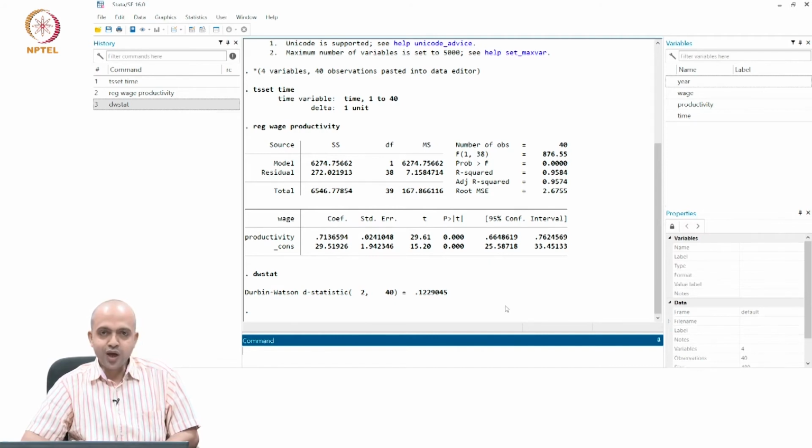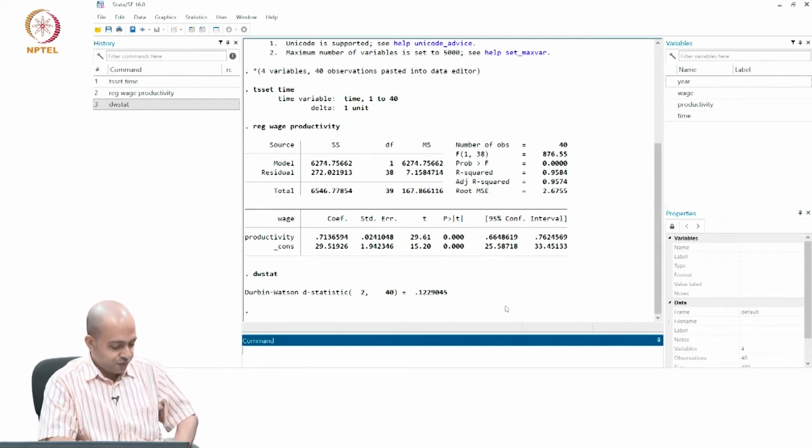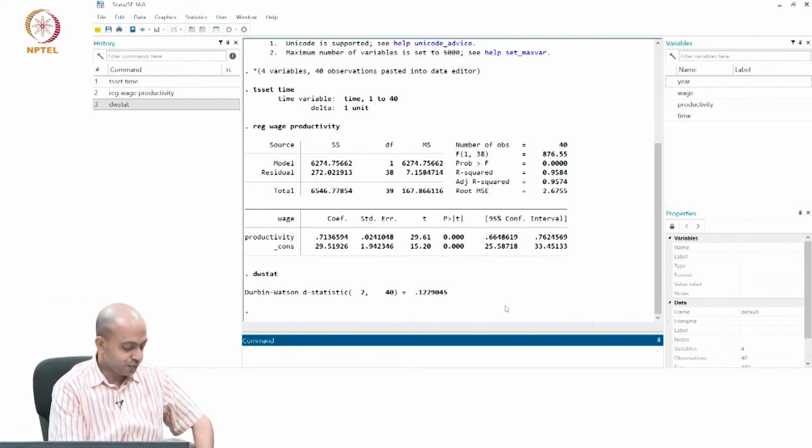Now, if you go back to the Durbin-Watson table, and if you specify n equals 40 and k equals 2, then you will see your dL. Immediately you have to go to the table.